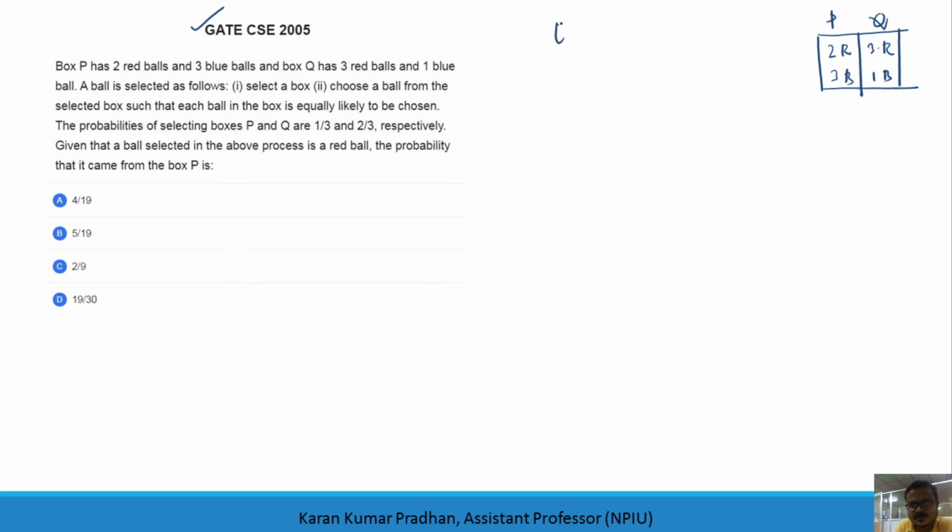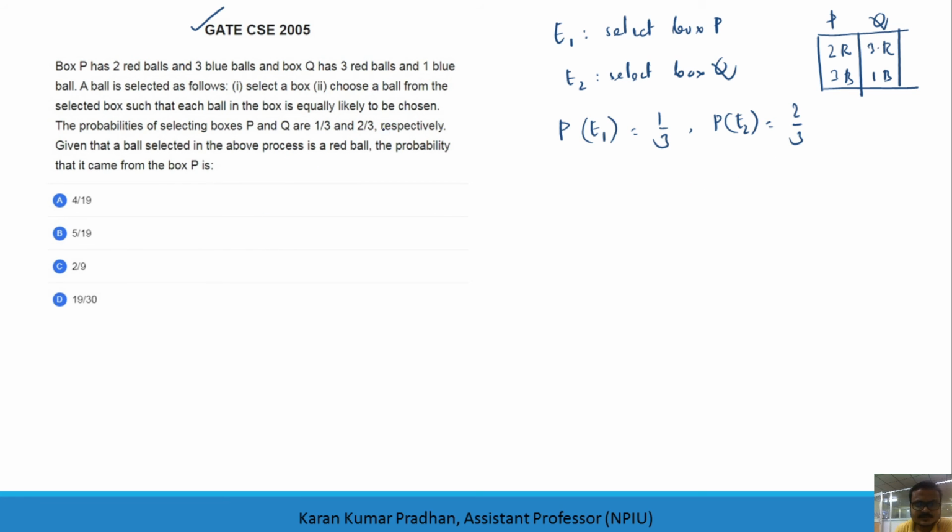Let E1 be the event of selecting box P and E2 be the event of selecting box Q. The probabilities of selecting boxes P and Q are 1 by 3 and 2 by 3. So this is given as 1 by 3, and the probability of E2, that means selecting Q, is 2 out of 3, right?